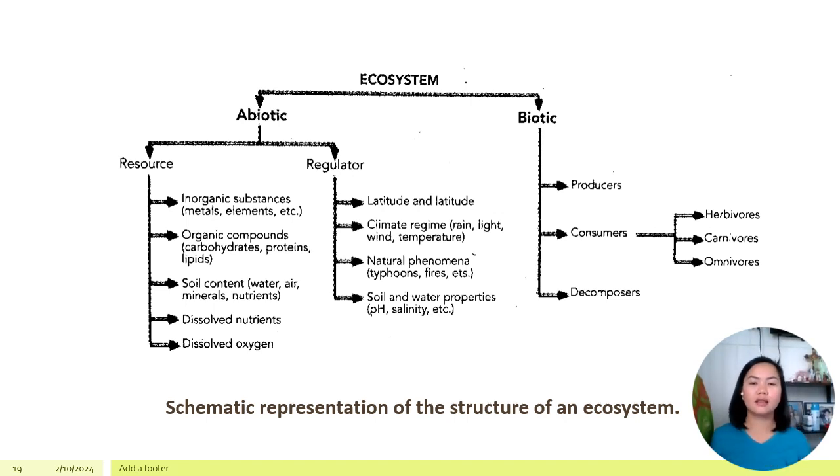We can divide the structure of an ecosystem into two: the abiotic, the non-living, and the biotic, which is the living component. Abiotic can be further divided into resource or regulator, and we have here examples of them. Biotic, on the other hand, can be categorized as producers, consumers, and decomposers. And consumers can be further classified as herbivores, carnivores, and omnivores.